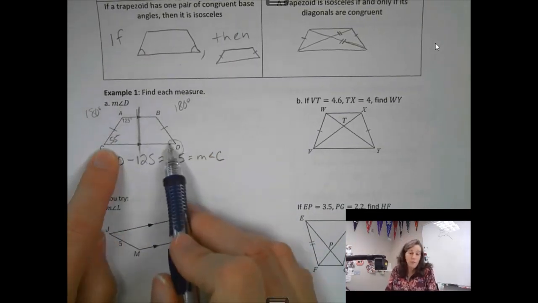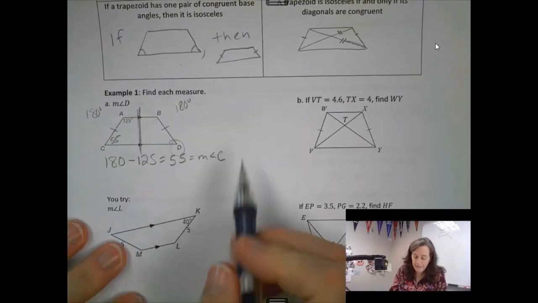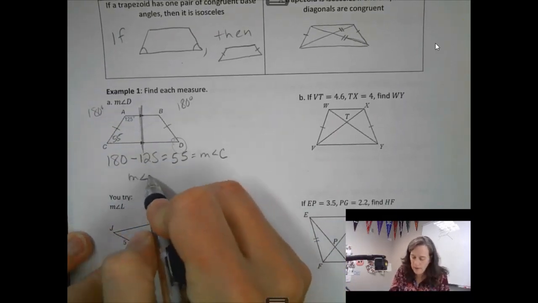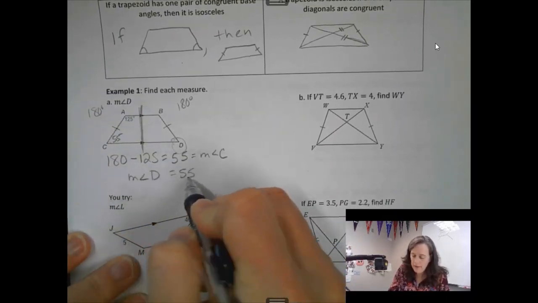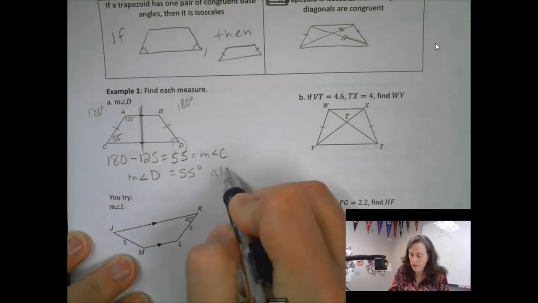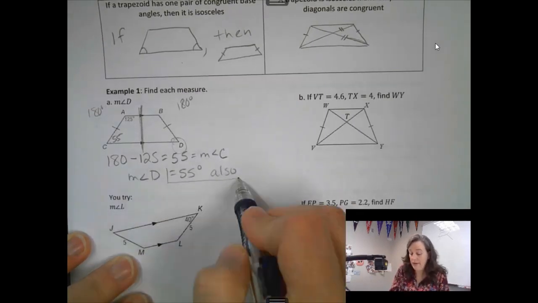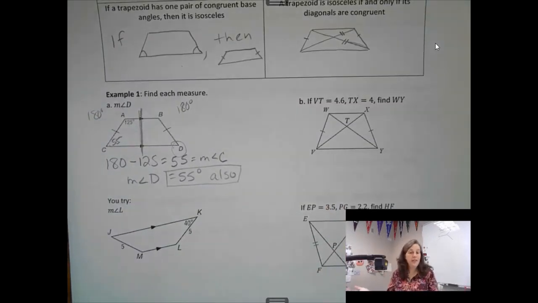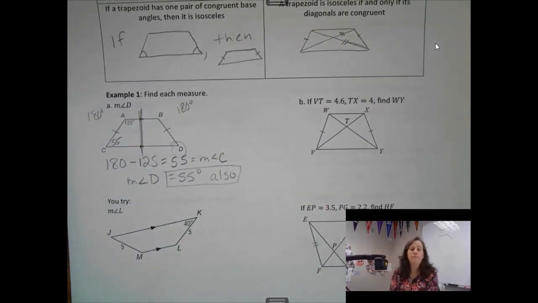And the cool thing then is that we know those are both congruent. So angle D must also be 55 degrees. I'm going to say also, just so that when I'm looking back at it, I'll remember that I found C, but then I know D is the same thing.